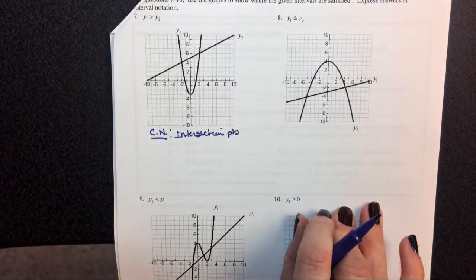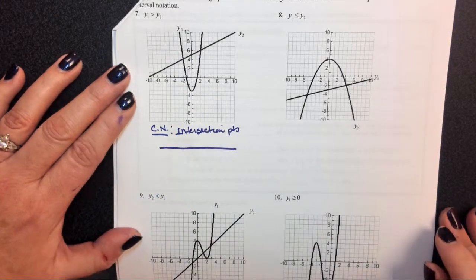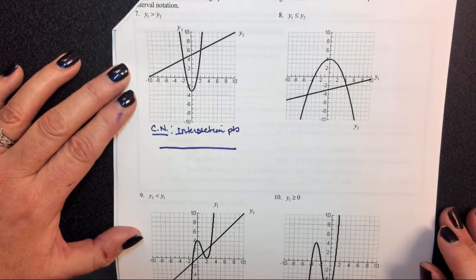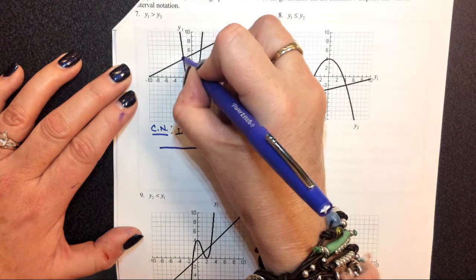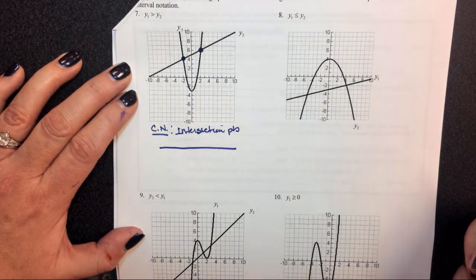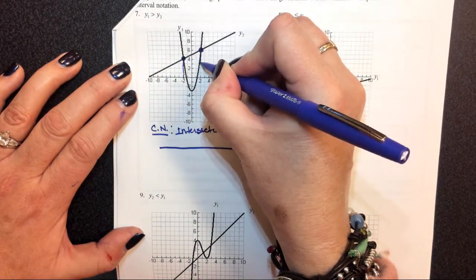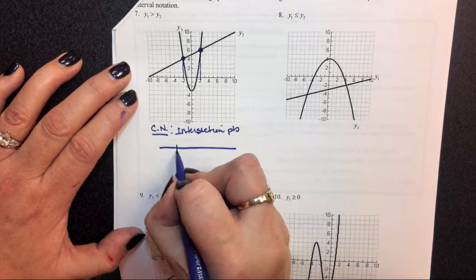So you can still set up your number line test. Your critical numbers are coming from the intersection points. So right here and right here are my critical numbers. One of my critical numbers is going to be -2. What's the other one going to be? 2.